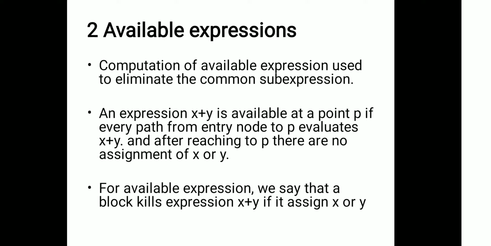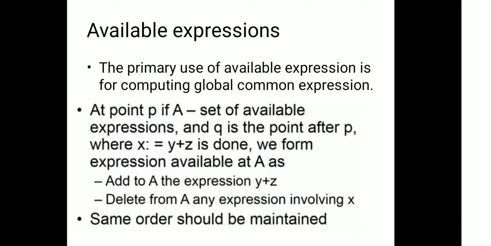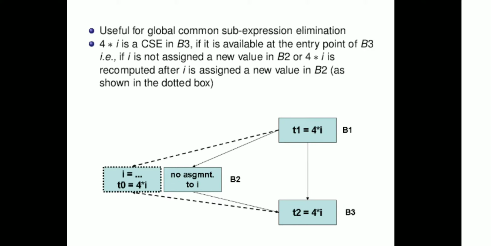For available expressions we say that a block kills expression x plus y if it assigns x or y. Then that expression is not available if an assignment of x or y is done over there. Now, with the help of an example we can understand the usefulness of available expressions for global common subexpression elimination. Here 4 into I is in block B3. It is already computed in block B1.